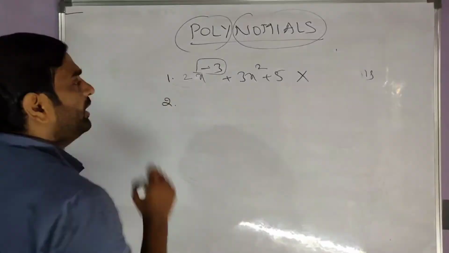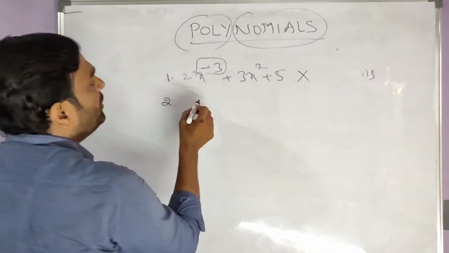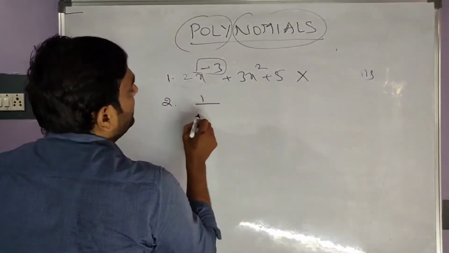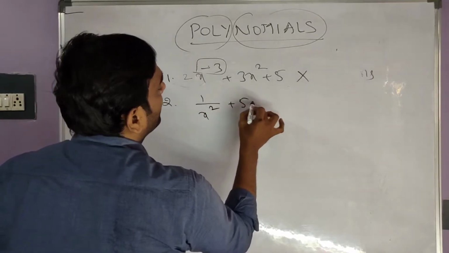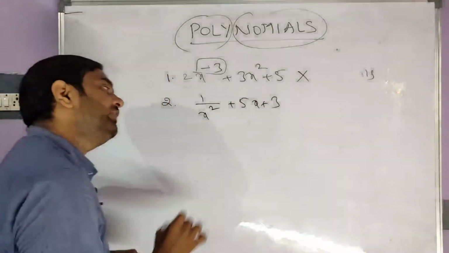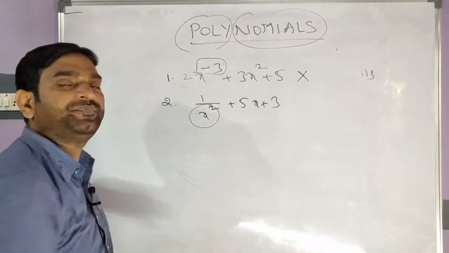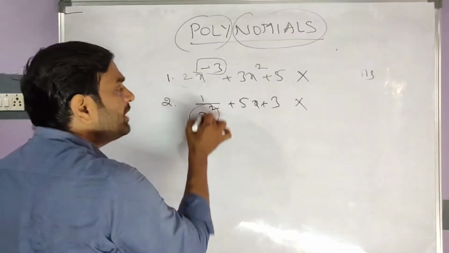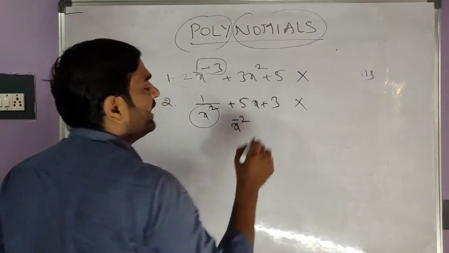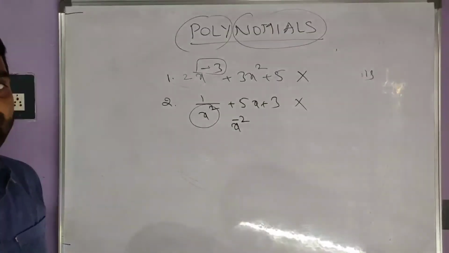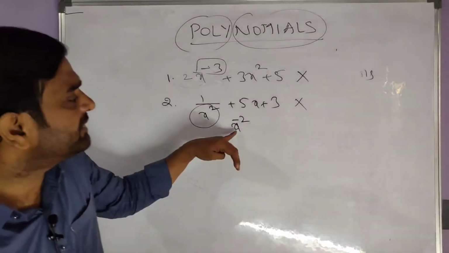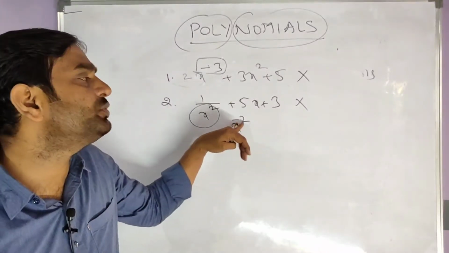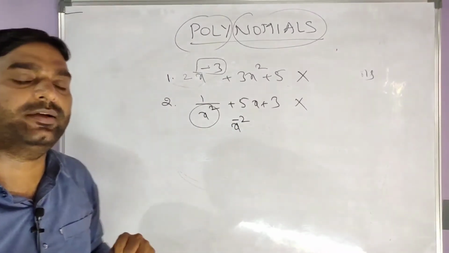Now coming to another point. If a variable is in the denominator, this is also not a polynomial. Why? Because 1 by x square can also be written as x to the power of minus 2. Now here this variable has a negative integral power, so it's not a polynomial.